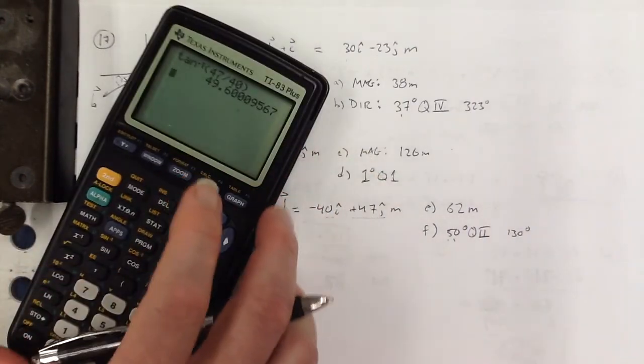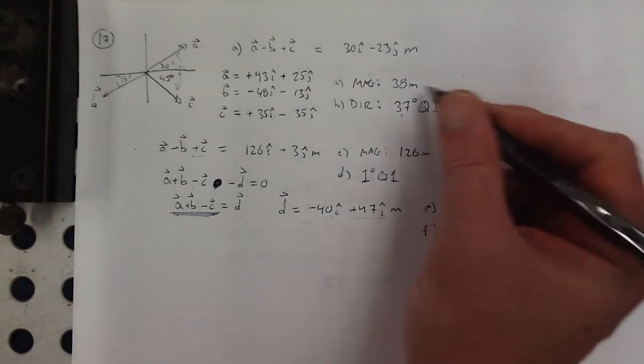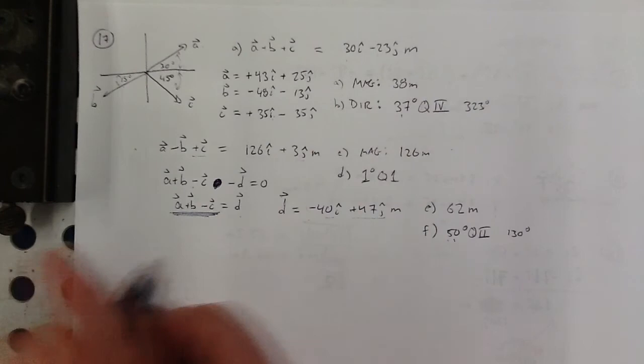All right, let's check those to make sure I didn't make any more mistakes. That's number 17. So we got 38 meters is good. Negative, oh, they called it negative 38 degrees. So that's another way to do that. Of course, going negative brings you to the same place, so that's all good.